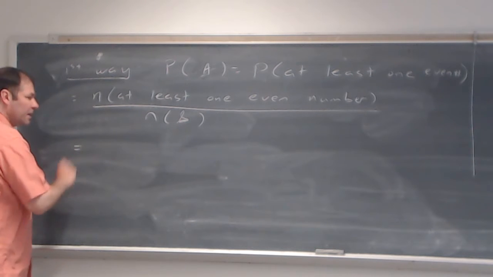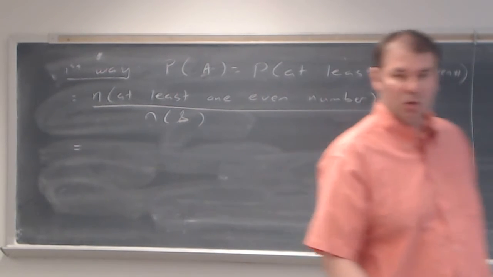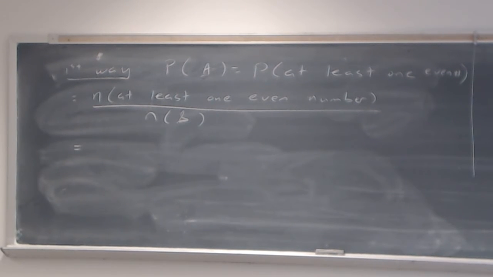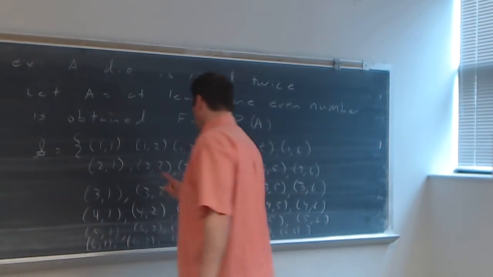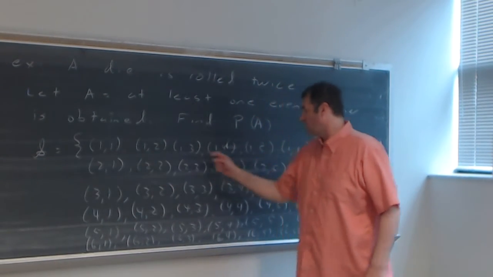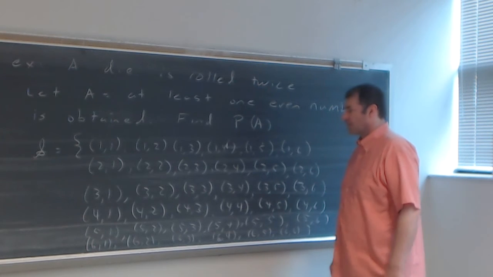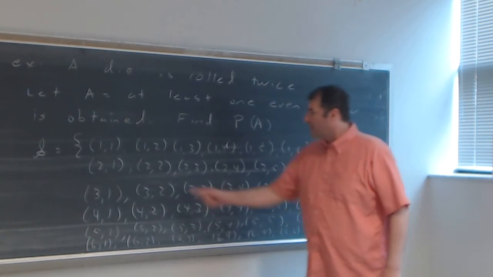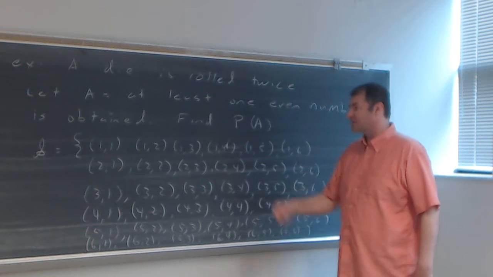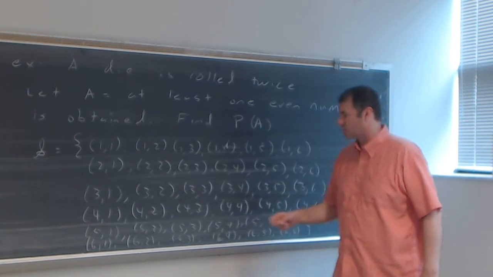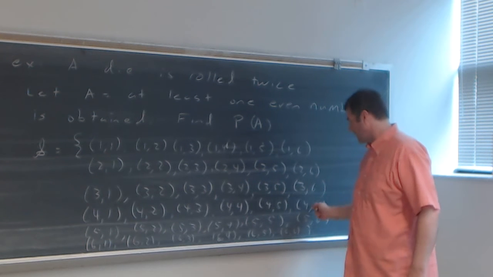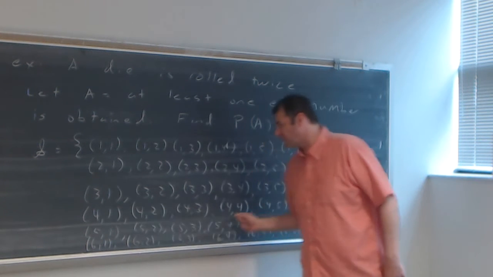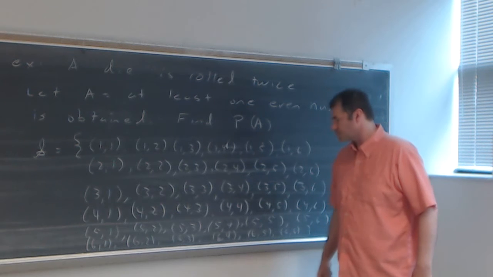And so here I'm going to go back and look at my sample space and take notice of how many of the outcomes have at least one even number. Well, there's 1, 2, there's 3 in this row. In this row, there's a 2 in each one of them, so there's 6. So I've got 9 total. There's 10, 11, 12, and then here's 18 of them, because there's 6 more.